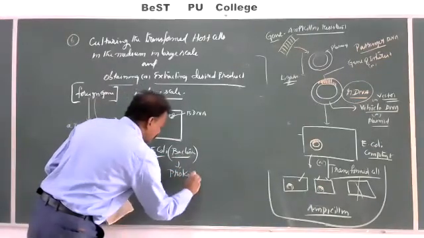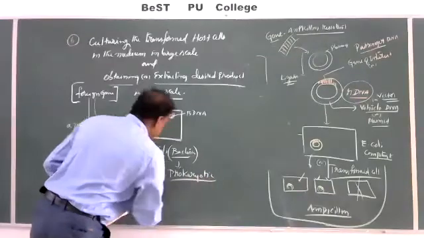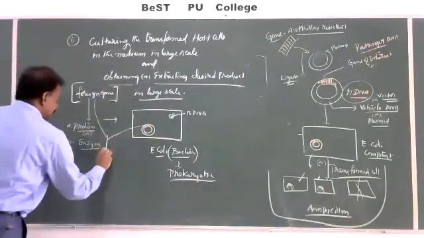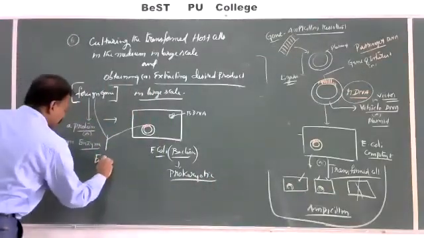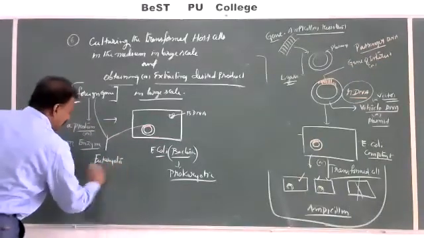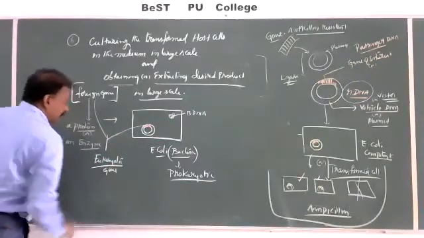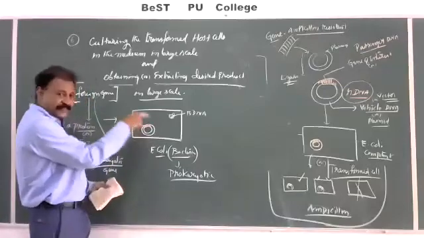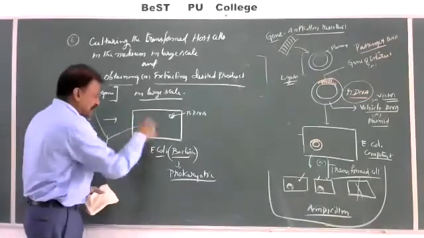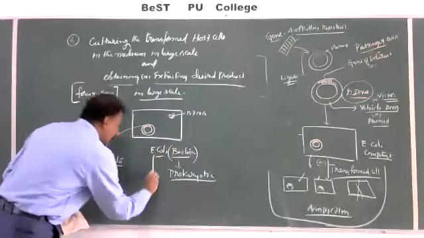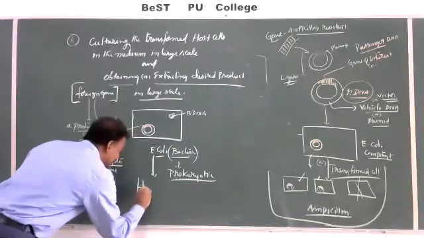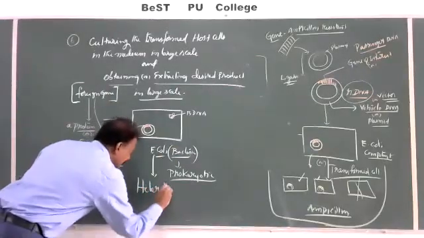So the gene is eukaryotic. Suppose the gene is a eukaryotic gene, it is incorporated in a different organism. So E. coli is called heterologous. It is not homologous.